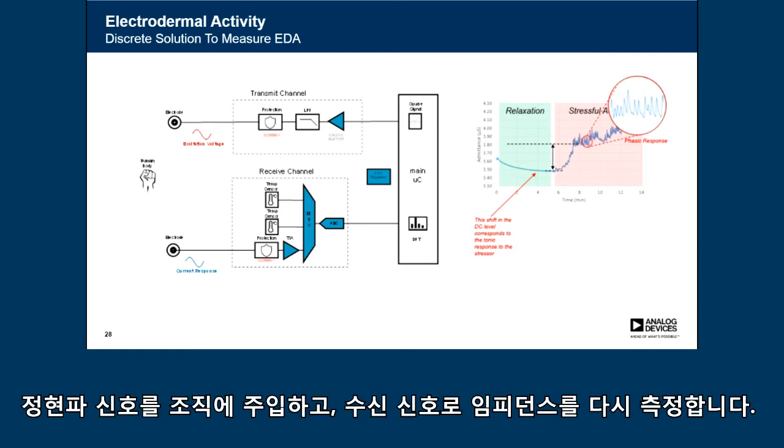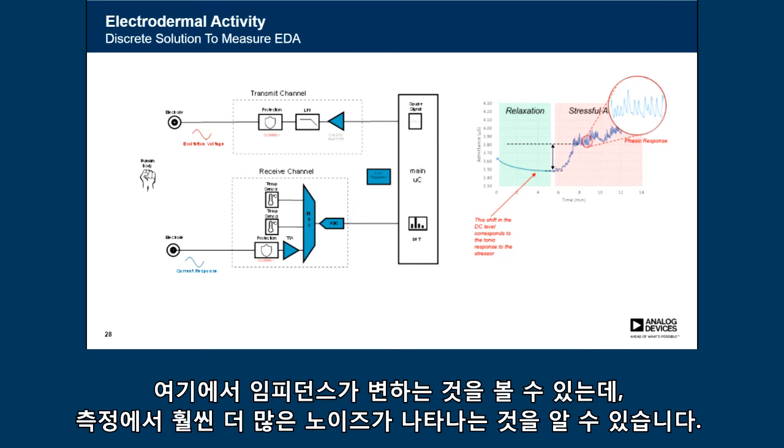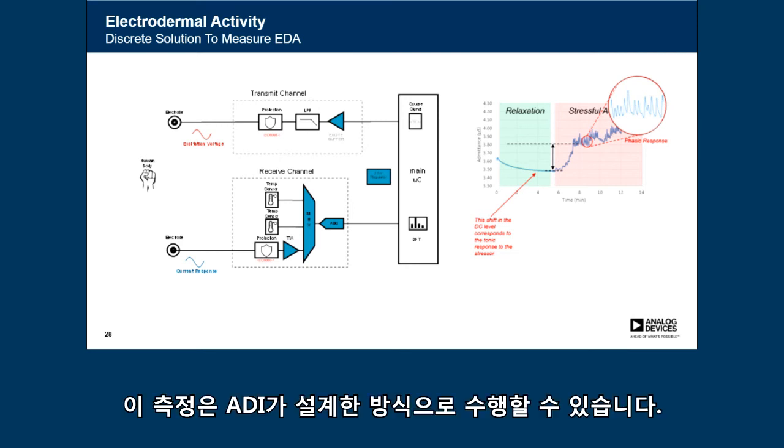You inject that sinusoid signal into the tissue, and with a receive signal you measure back the impedance, usually in the range of microsiemens. That impedance response is very flat until people get stressed. Then you see the impedance change, but also much more noise on the measurement. That measurement can be done by the front ends that Analog Devices has designed.